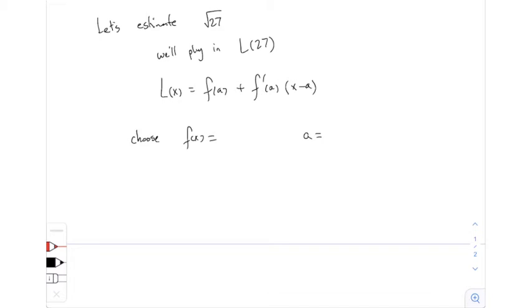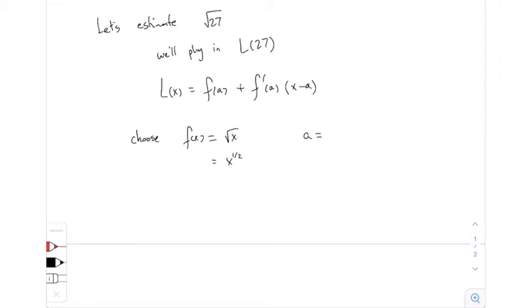There's some minimal amount of artistry here. You just have to think about what is the function that I'm trying to estimate some value of. I'm trying to estimate the square root of 27. I think of this as some value of the square root function. So my function here is square root of x, which more conveniently we pretty much always are going to write as x to the 1/2. That's the function that I'm trying to find some value of, so that's what f of x is.